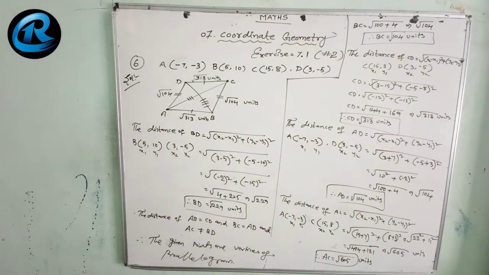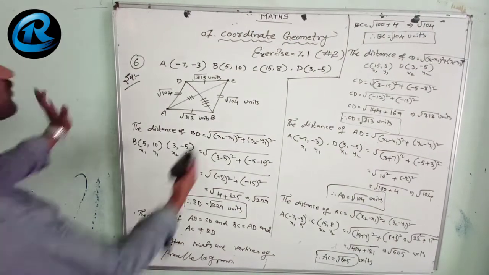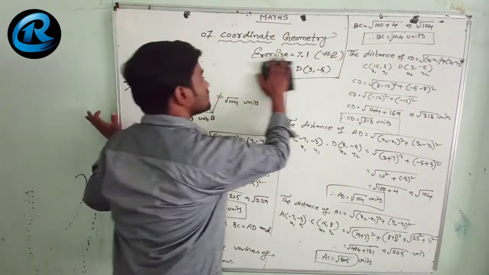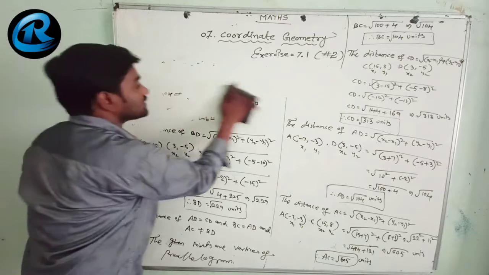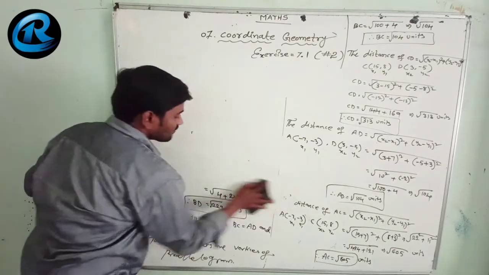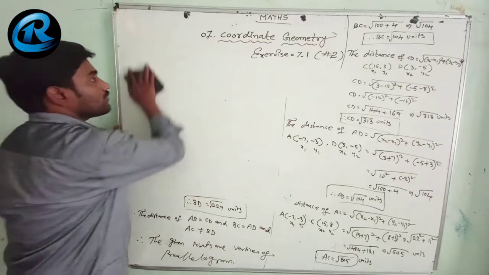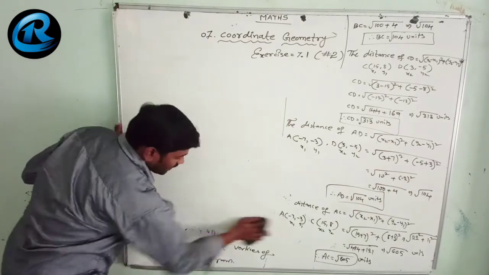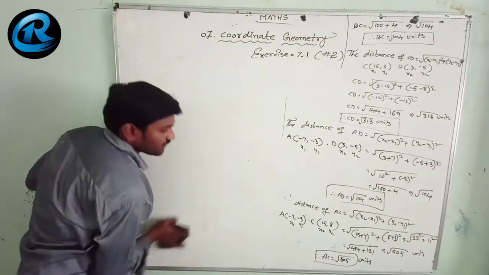Okay, have you understood here? So here 6 times we need to find out the distance formula. Then only we can decide whether it is a parallelogram or not. If opposite sides are equal, then the opposite sides are equal in the rectangle also, in square also, in rhombus also.